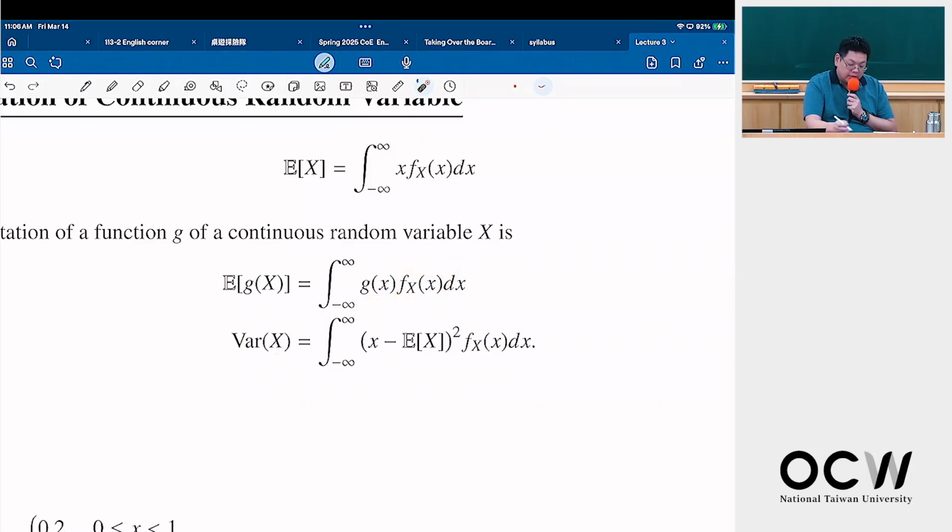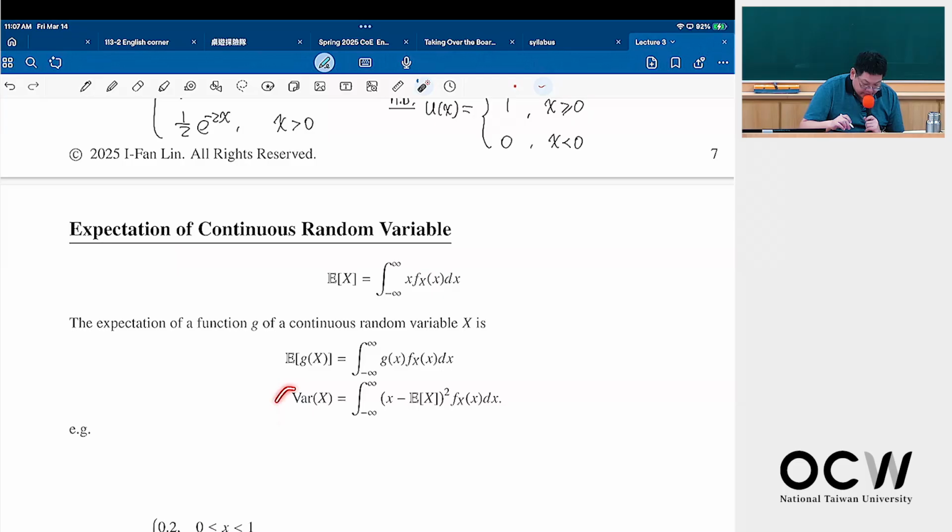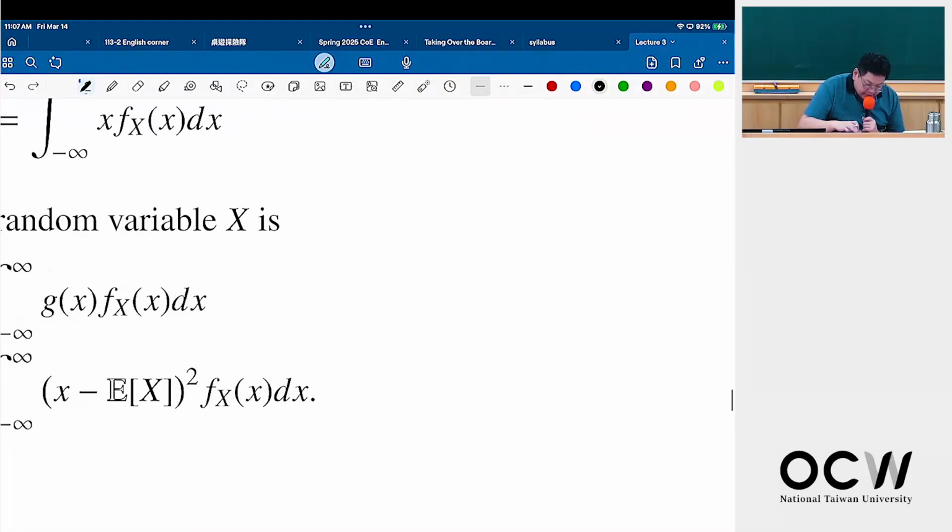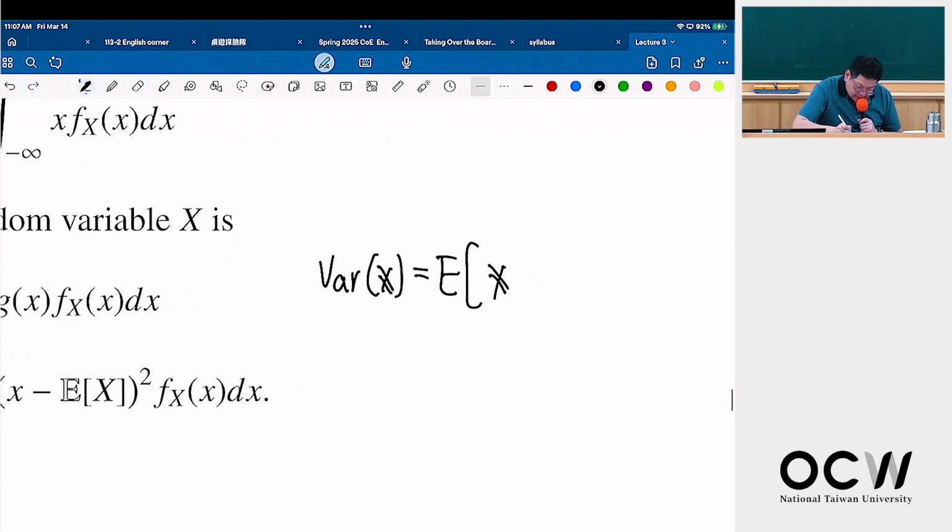And the variance is just the x minus the mean. This should go with expectation, okay, for the continuous case. And for the variance, we know the variance is the expectation of your random variable minus the mean squared.